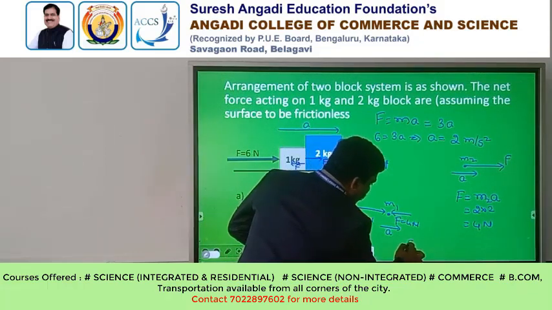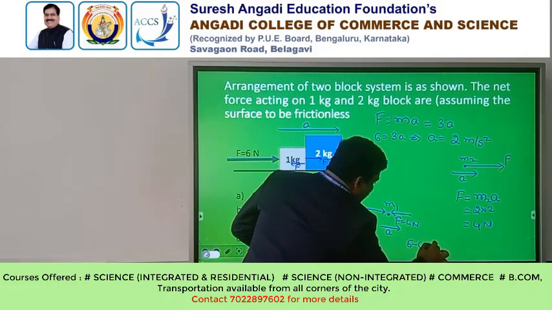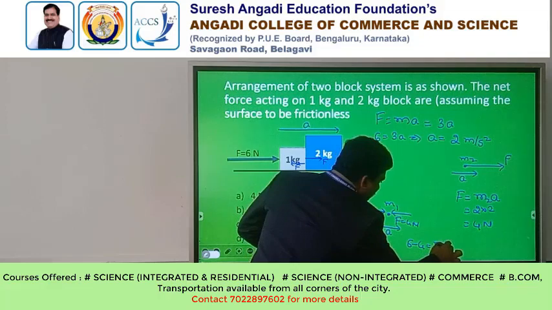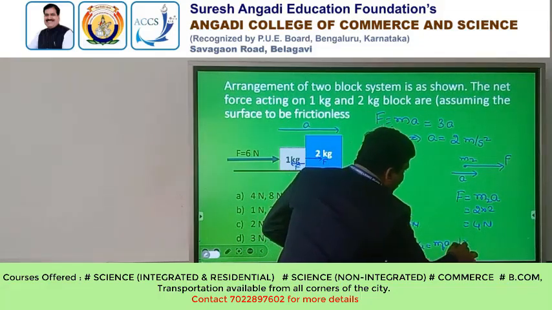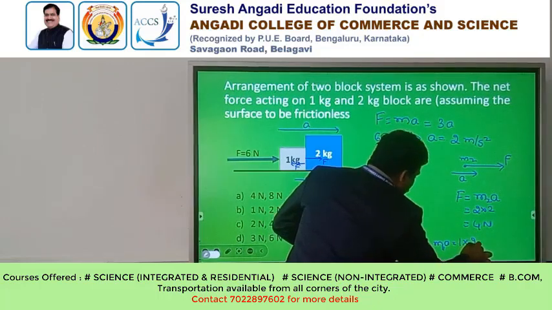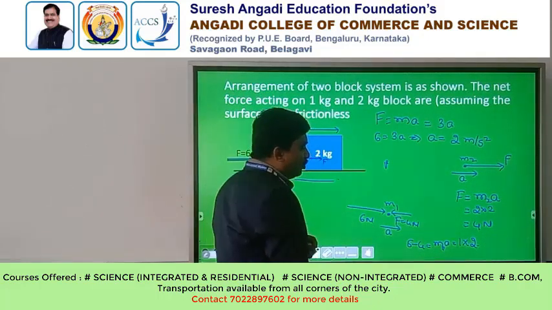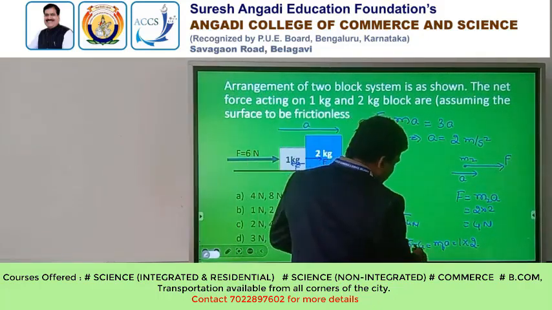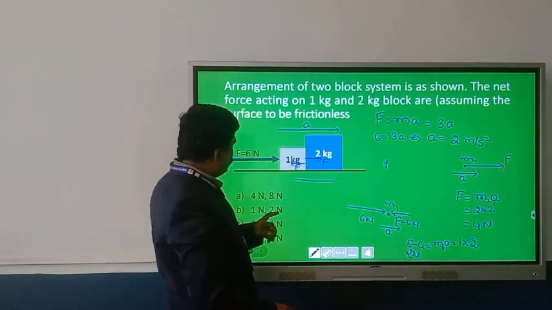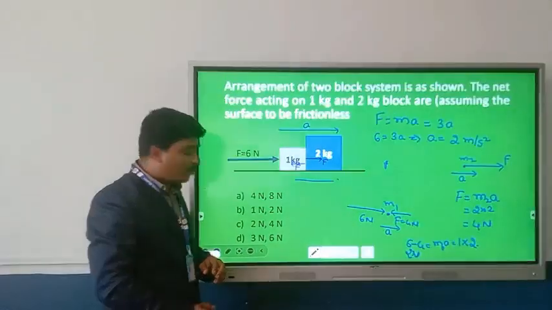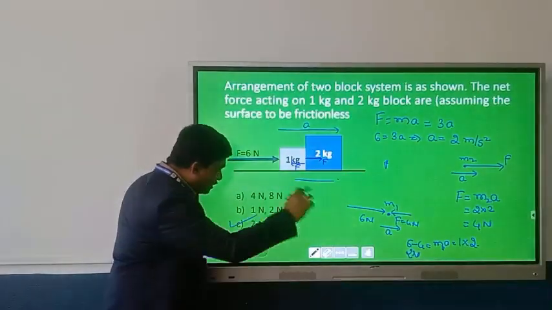So 6 minus 4 is equal to mass into acceleration, m1 into a, where m1 is 1 kg, acceleration is 2. So the answer will be 2 Newton. Or 6 minus 4, we can also take 2 Newton as the force. So on the first body it is 2 Newton, on the second body it is 4 Newton. So the correct option is C.